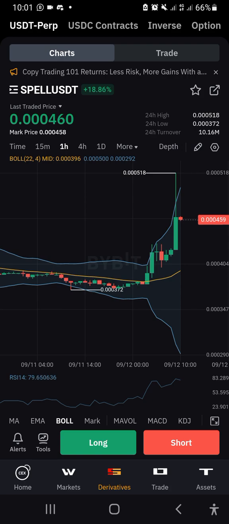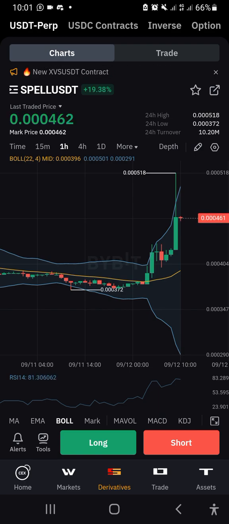You can see at this time it is at 79, and remember that for this strategy we are working with overbought, meaning from 70 and above. That is what we usually trade, from 70 and above. So we are trading the volatility of the market, how the market is fluctuating.